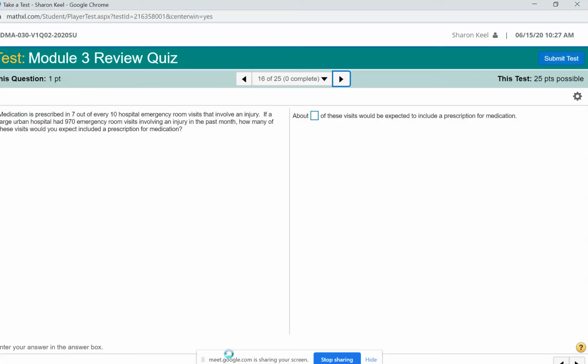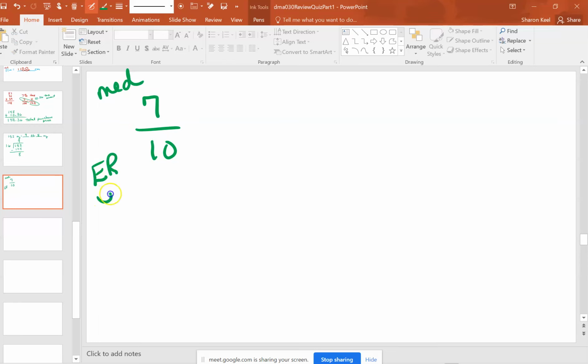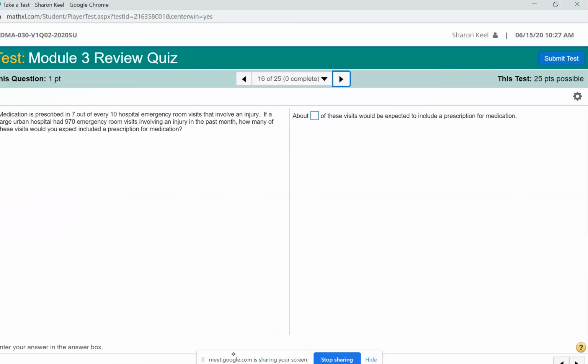Medication is prescribed in 7 out of every 10 hospital ER visits. Okay, so 7 out of 10, 7 get medication out of every 10 ER visits. We are being told that if an urban hospital has 970 emergency room visits involving an injury in the past month, how many would you expect to include a prescription for medication?